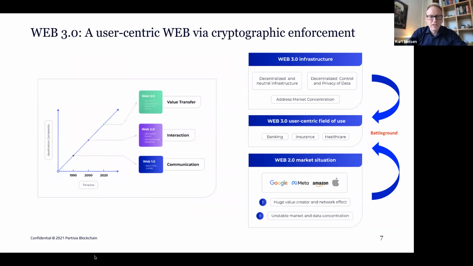I'll move you down here for a minute. So one of the basic markets and the value added is the so-called Web 3.0. And this is all about creating a user-centric internet. So the next version of the internet that is giving back power to the individual users.